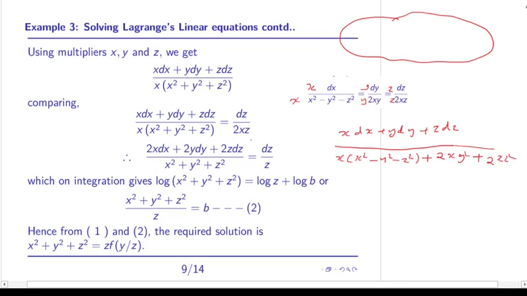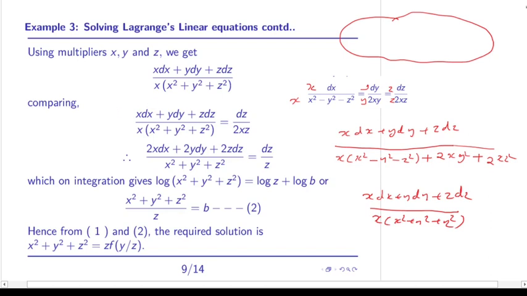So finally what you get is that this is equal to x dx plus y dy plus z dz divided by x into y square plus z square.